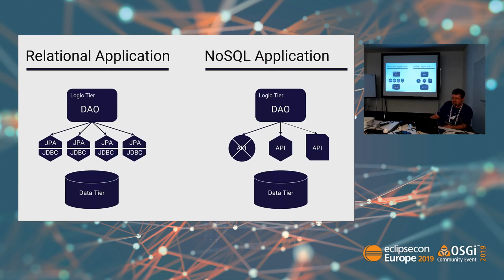So in a relational database, you would usually have JPA on top of JDBC, and then your actual database. With NoSQL systems, there are plenty of different APIs, most of them vendor specific, so there's no real abstraction.